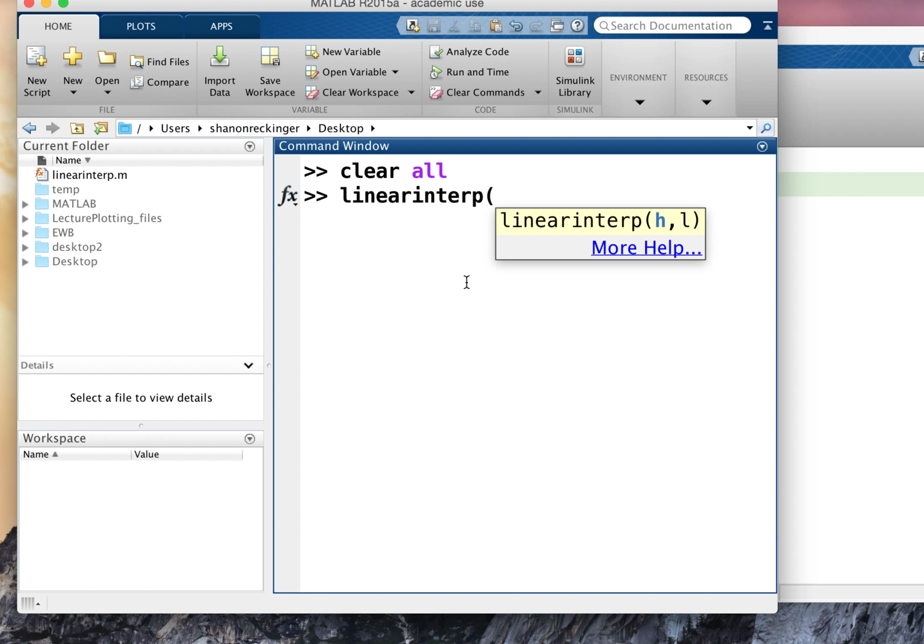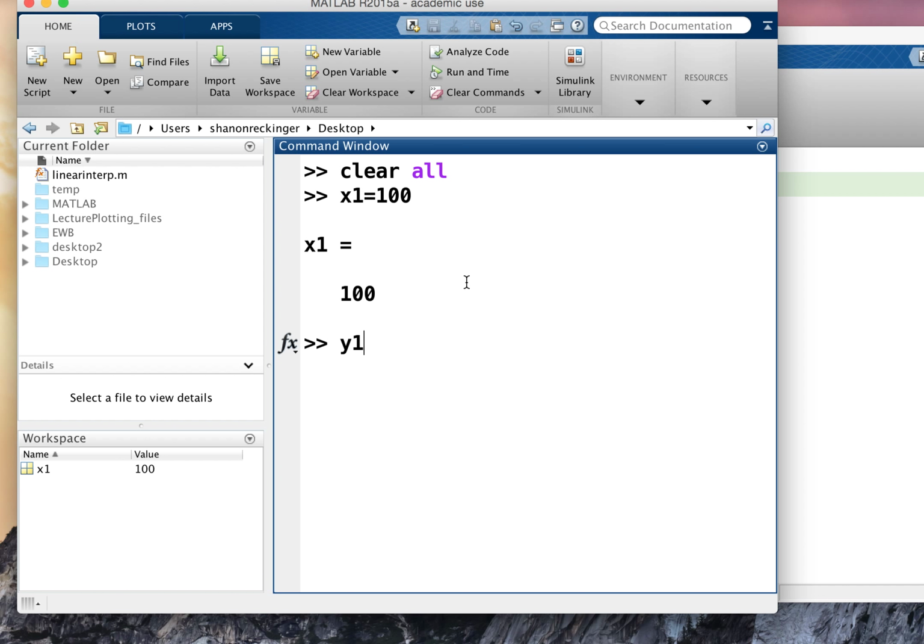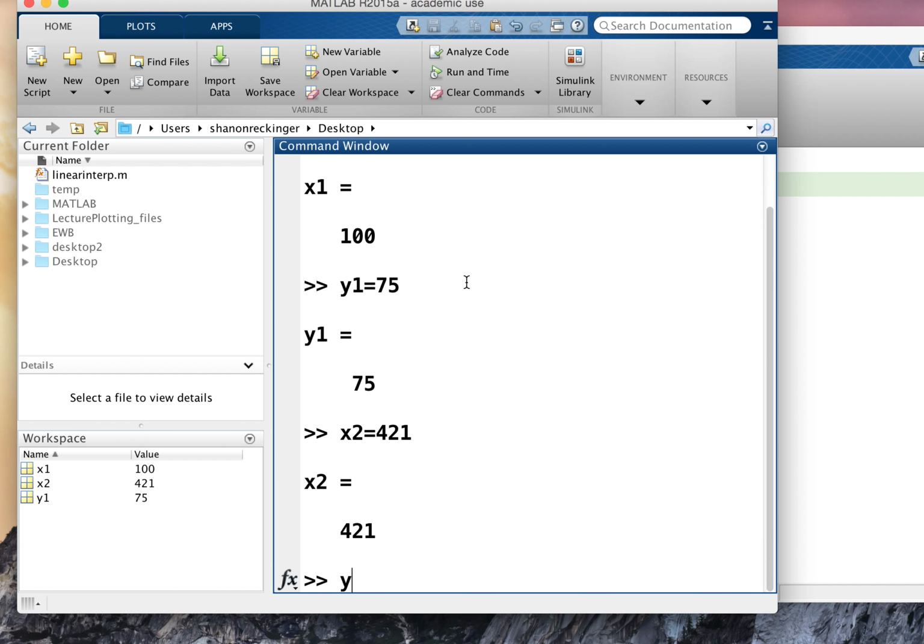So that would be an x1, I'll just type it out first. My x1 would be 100. My y1, 100 text is equivalent to a 75-year-old. And then my x2 is 421, right? Is that right? And how old is for that one? 66.